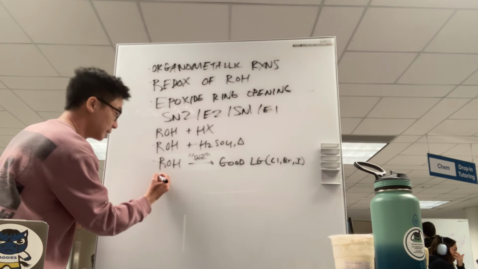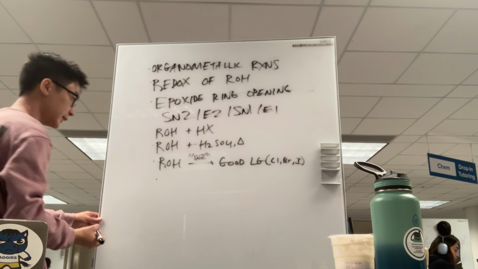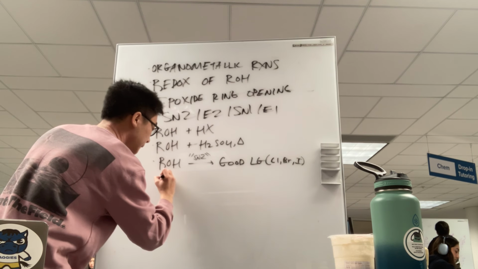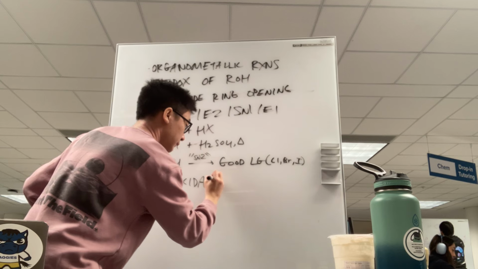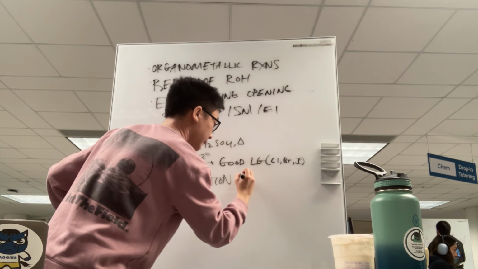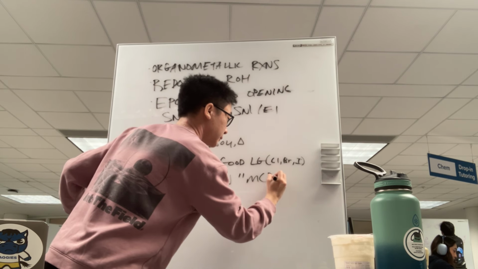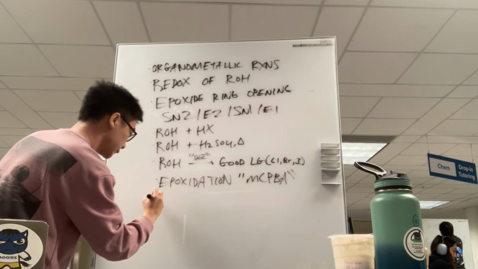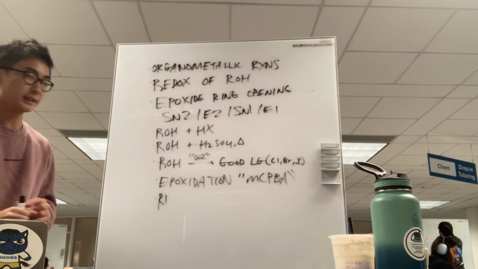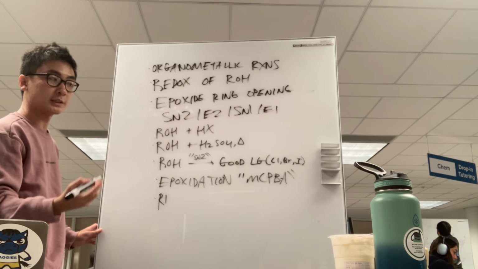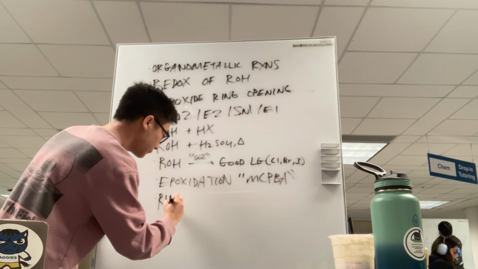There's also epoxidation with MCPBA, right? Now, for Levens, she also does ring opening with unstable rings like cyclopropane, cyclobutane, with hydrogenation like H2, Pd/C, right?